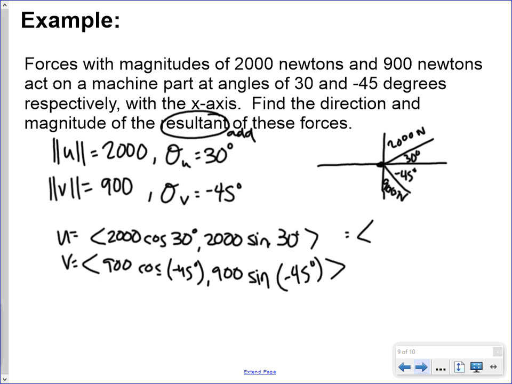And that's going to be what? 2,000 times square root 3 over 2, so 1,000 square root 3, and then 2,000 times 1/2, so 1,000. And over here it will be square root 2 over 2 for the cosine of negative 45, so that'll be 450 square root 2. And then sine of negative 45 will be negative because I'm in the fourth quadrant, so going down. So it'll be negative 450 square root 2. And then those are just the two individual component forms. I still have to add them together to get the resultant.